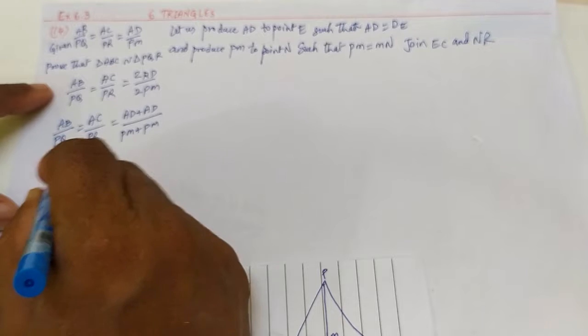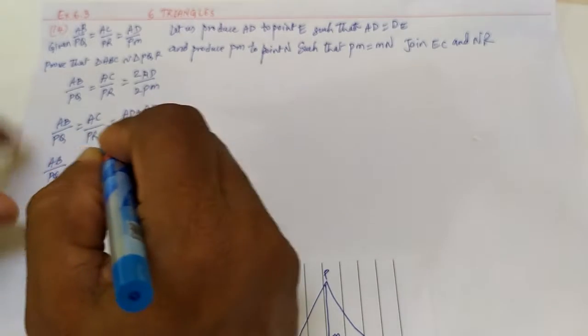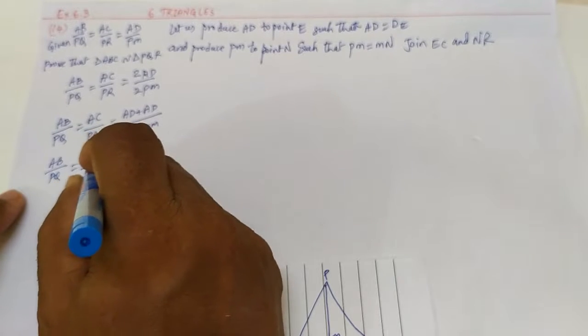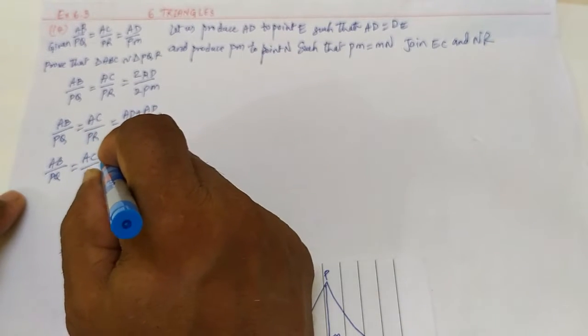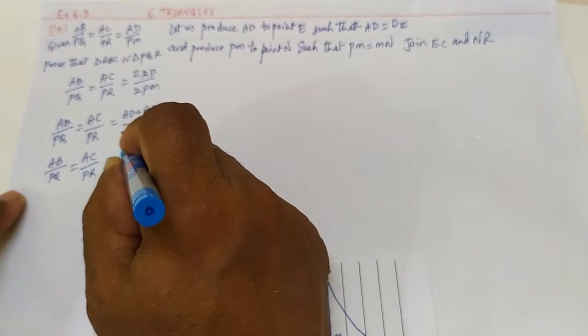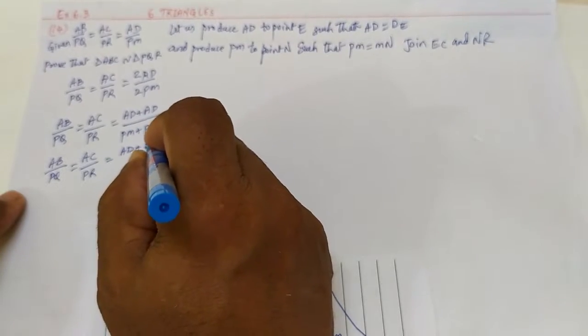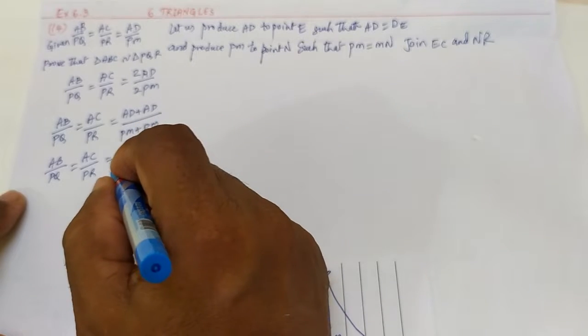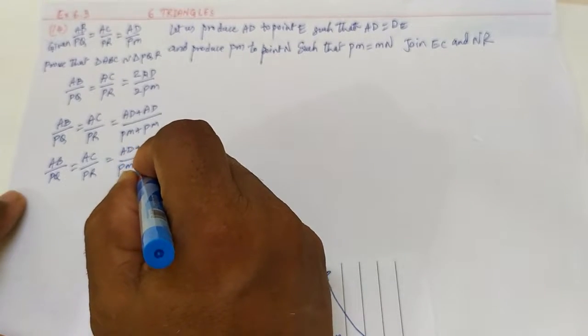We have said that AD is equal to DE, and PM is equal to MN. So AB upon PQ is AC upon PR, and this is equal to AD plus DE over PM plus MN.